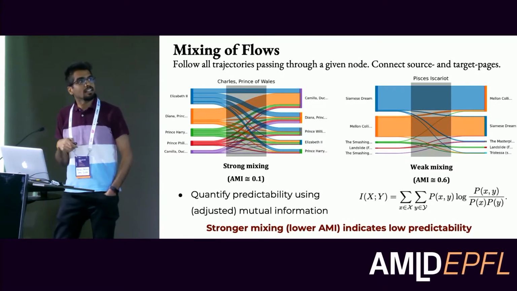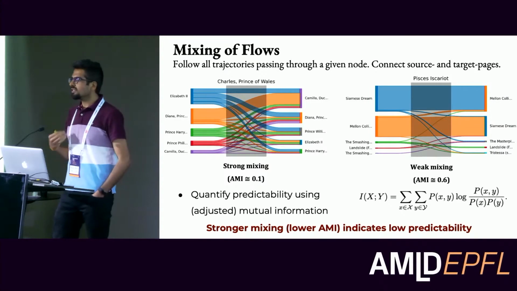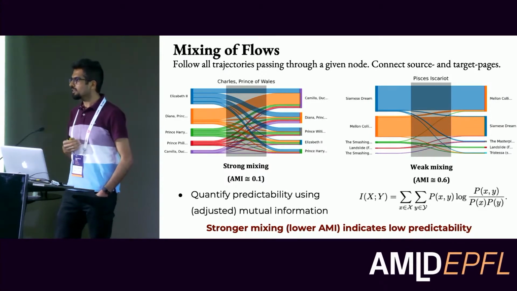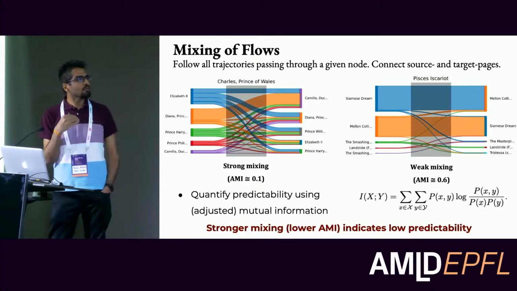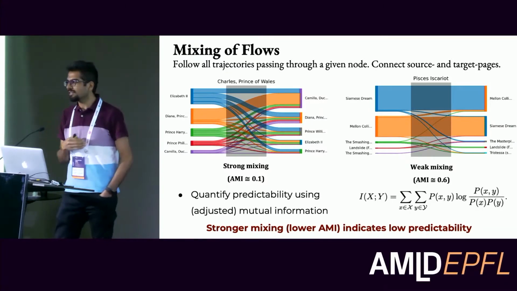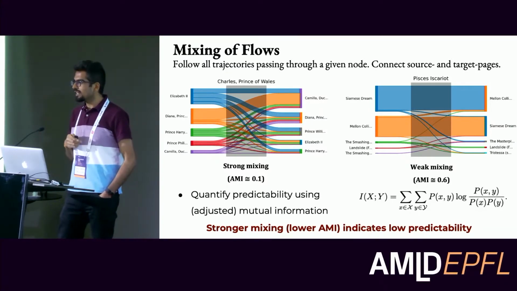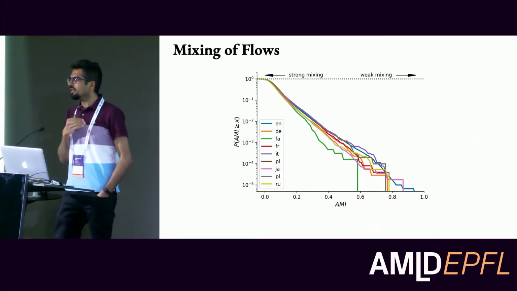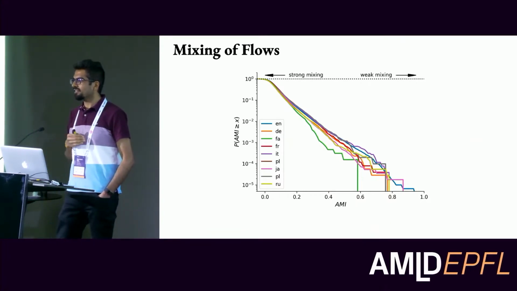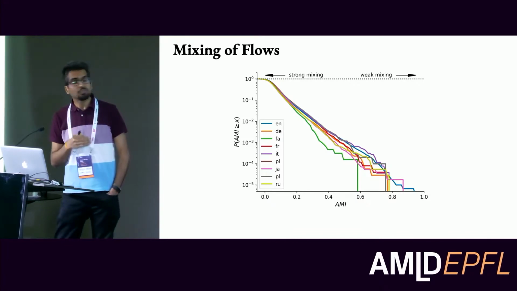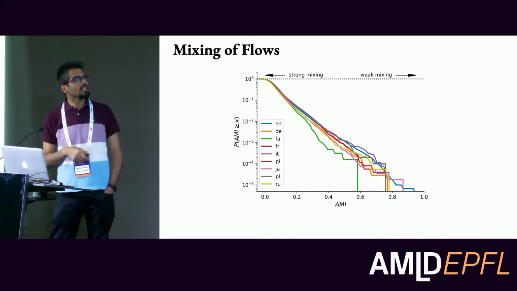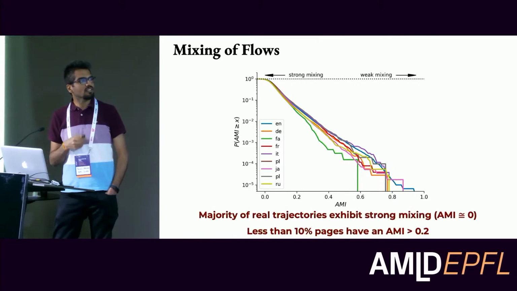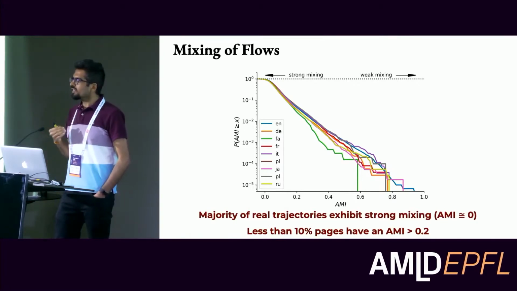And in this other case, which we call weak mixing, the mutual information is high, and there is strong predictability. So the point here is that these are anecdotal examples, but the key thing we did was to analyze the distribution of mutual information measured from different real trajectories for different language versions in Wikipedia. And we found that in most cases, the mutual information is close to 0.